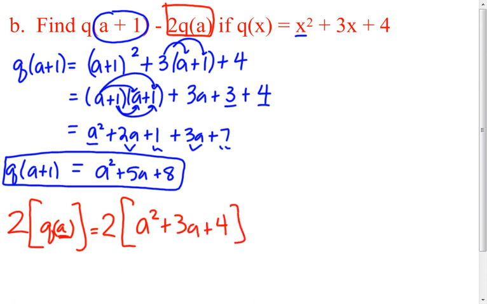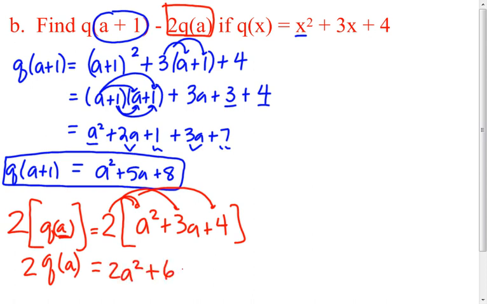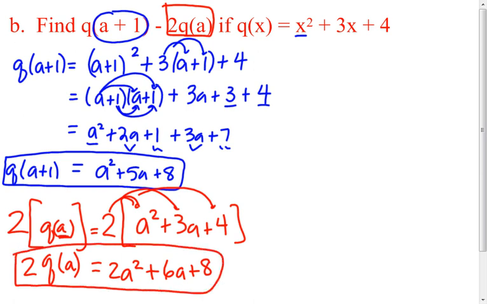And I need to take 2 times that quantity. Okay? So when I take 2 times that quantity, basically I'm going to distribute that 2 through. And so 2 times q of a will be 2a squared plus 6a plus 8. Okay, and I'm going to just sort of box that off for right now so that I have that.